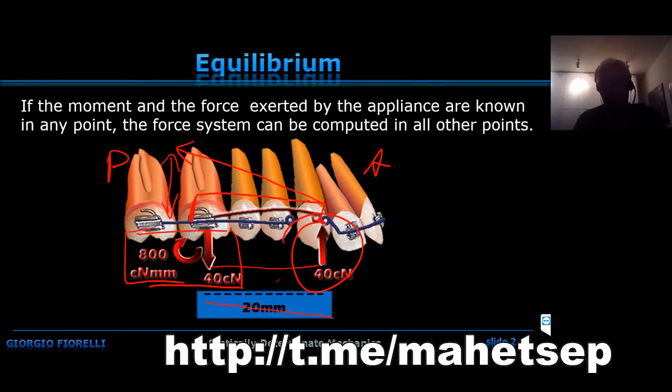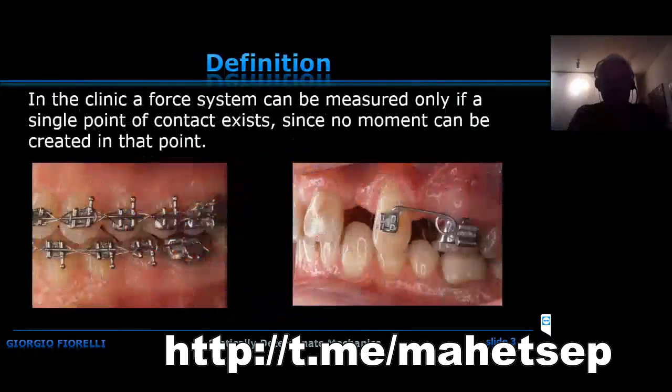I want to go fast, so I'm not going to elaborate on this so much. This is statically determined mechanics, because here we have a single point of contact, and I can measure the force of activation of this cantilever, so I can figure out which is the force that is delivered here.